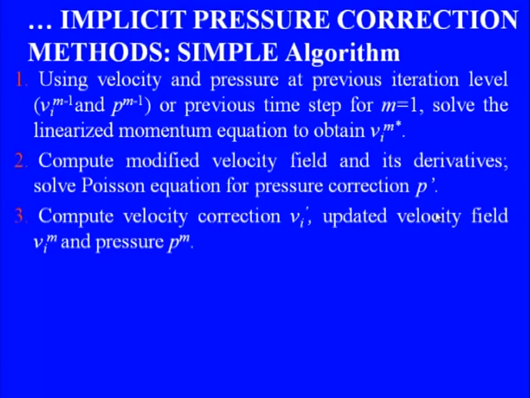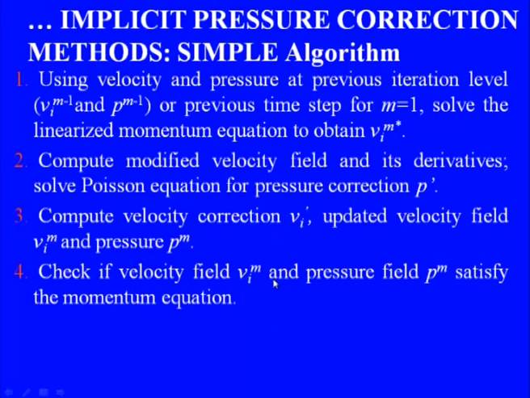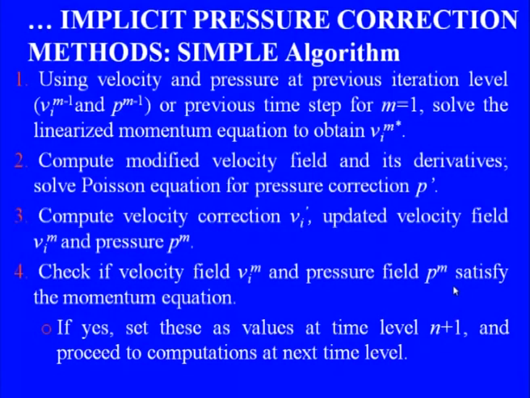Then compute the velocity correction V_i prime, the updated velocity field V_i^m and pressure P^m, then check for convergence, whether the fields V_i^m and pressure field P^m satisfy the momentum equation. If yes, terminate the iterations for the current time level and go to the next time level, or else increment the iteration counter and go to step 1 and repeat the SIMPLE algorithm iterations.